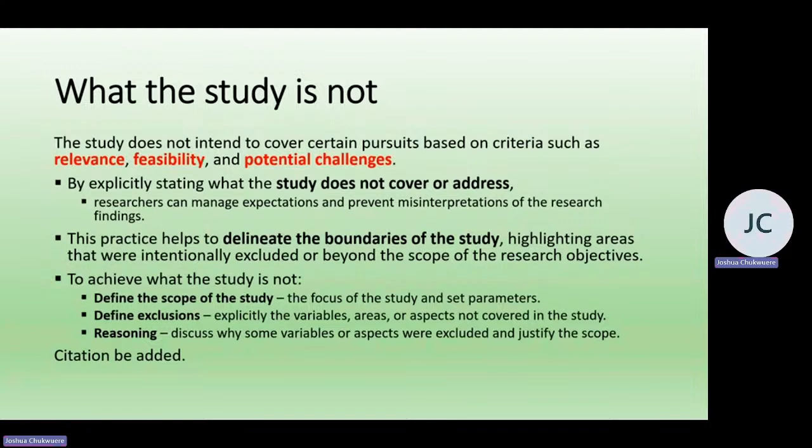Each should be backed by empirical evidence, more especially the significance, limitation, what the study is not, and validity. In the layout of the study section, you don't need to cite anything.